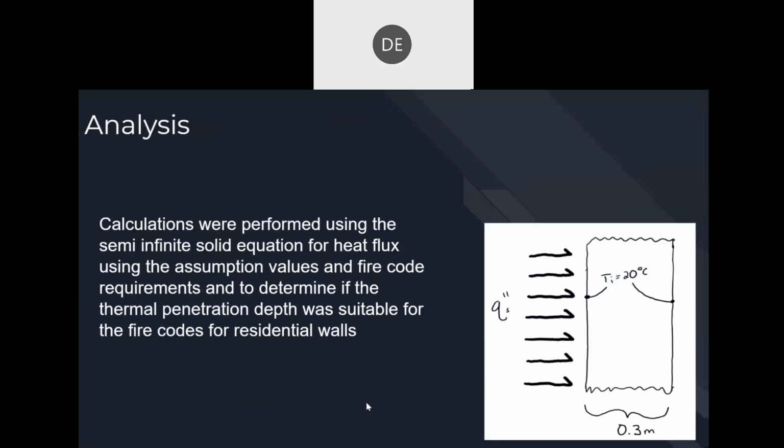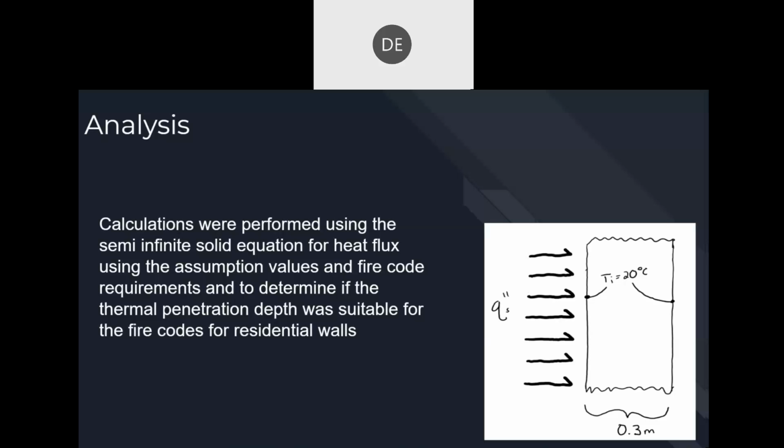Okay, so for the analysis, in this case of transient conduction, we had to use a special case for heat flux directed towards a semi-infinite solid. And once we found our value for temperature, we would then check to see if the thickness that we chose in the beginning was suitable for the fire code specified.